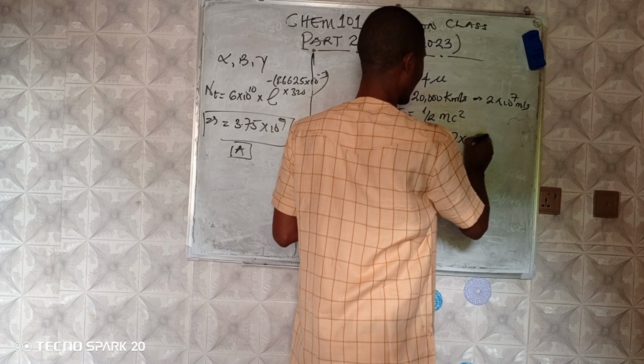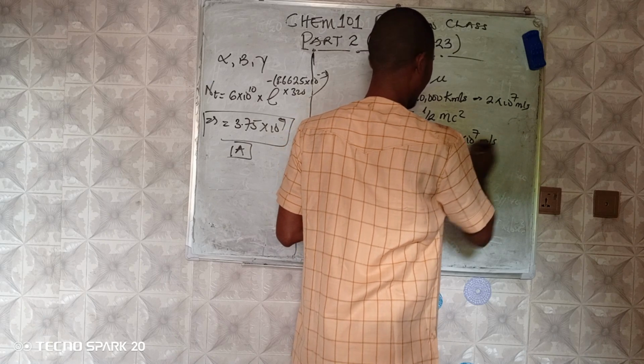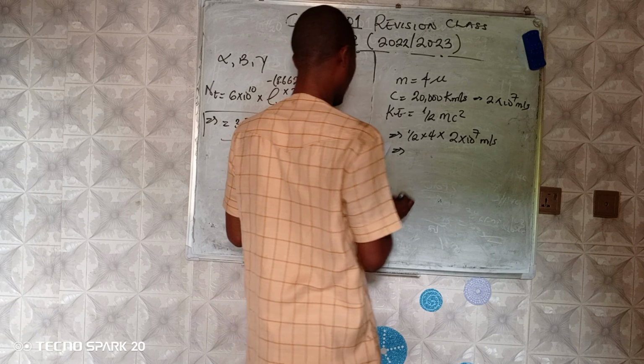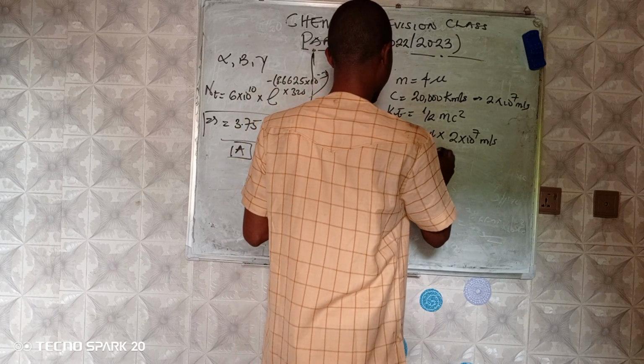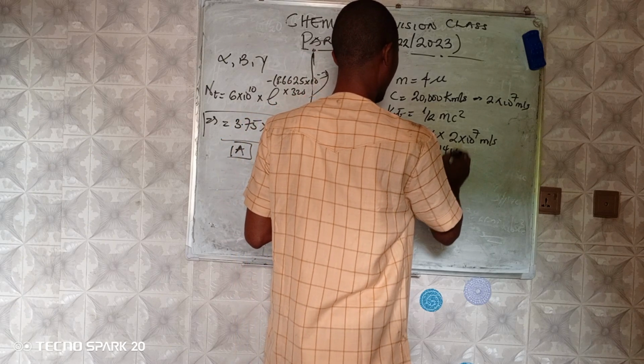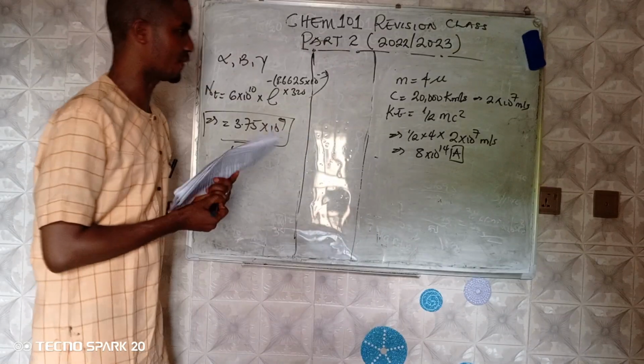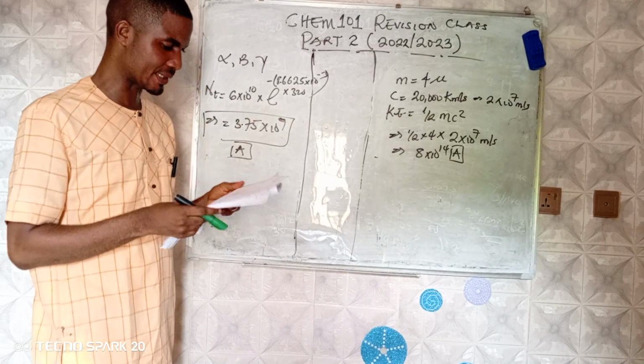If you do this very well, you'll have 8 times 10 raised to power 14, which is option A. So that is for question number 29.